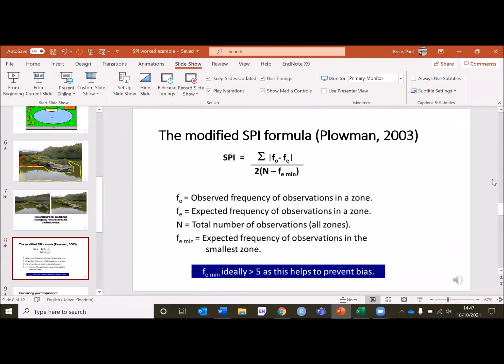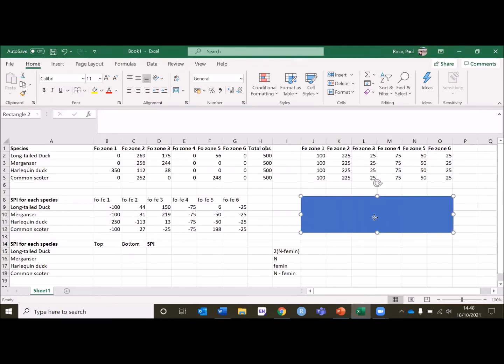So on the top line of the SPI formula, FO minus FE is in vertical brackets. Before we sum together each FO minus FE for each zone, we must make sure we turn the resulting mathematical output to positive because of those modulus brackets. And this is what I've done here.